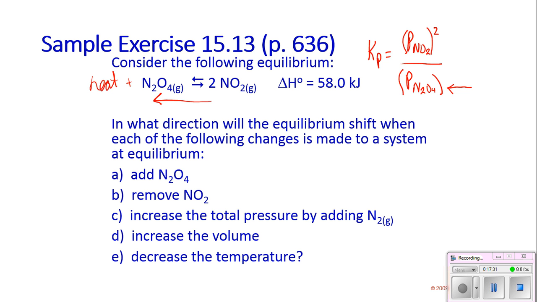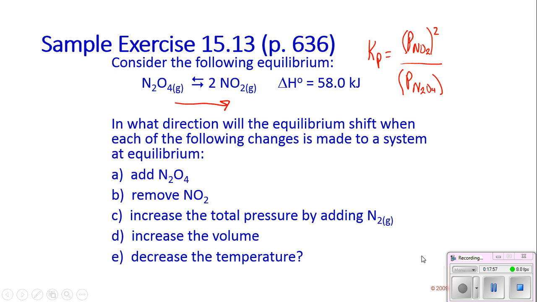So if they ask what happens to K when we decrease the temperature, there's really not one correct answer, because it's going to depend on whether the reaction is endothermic or exothermic. That's what you have to watch out for here. In an exothermic reaction, the arrow would be pointing in the other direction.